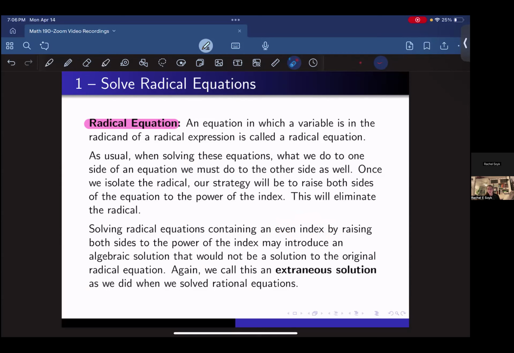And we've seen this before in earlier lessons, but we call these potential solutions an extraneous solution, one that we solve, but then when we plug back in, it's rejected. So we need to be on the lookout for these extraneous solutions.